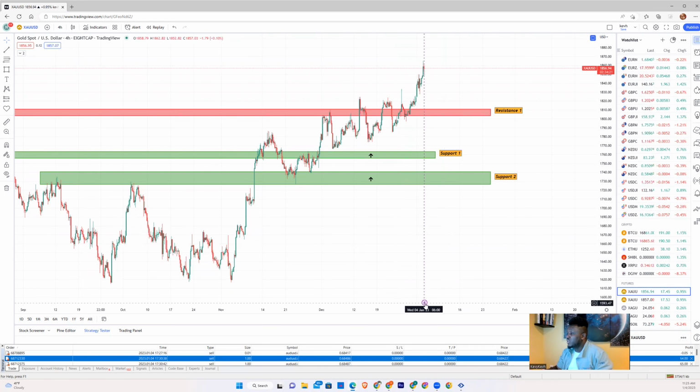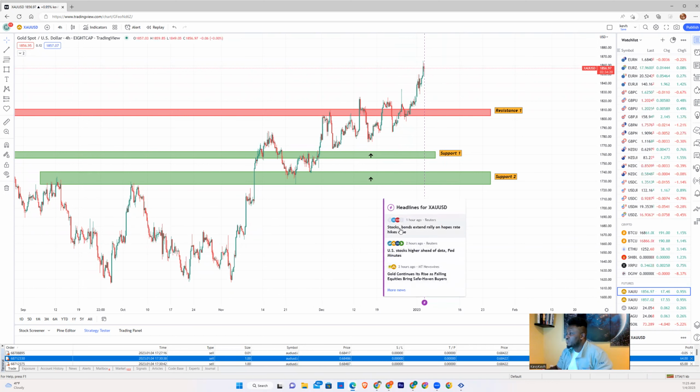You could click this thing. It will tell you: stocks, bonds extend rally on hopes rate hikes will ease. That just tells you the market is being pushed by the news so far. Why? The Fed has been hiking up the rates. As long as they keep hiking up the rates, people are not so confident in the market.